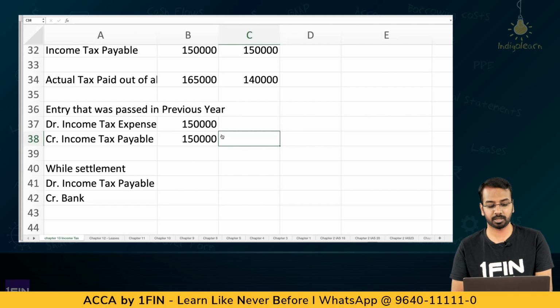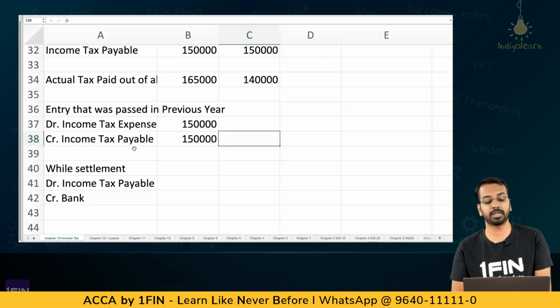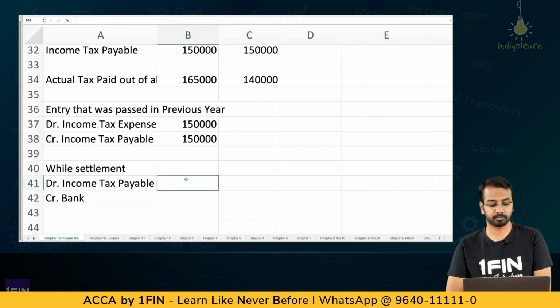See, if we come back to the question, previous year liability estimated is 150, actual paid now I am saying 165. Think, no need to hurry. Where will you take the difference? Tax expense only. So what you'll do is income tax payable I have 150, credit to bank is 165.